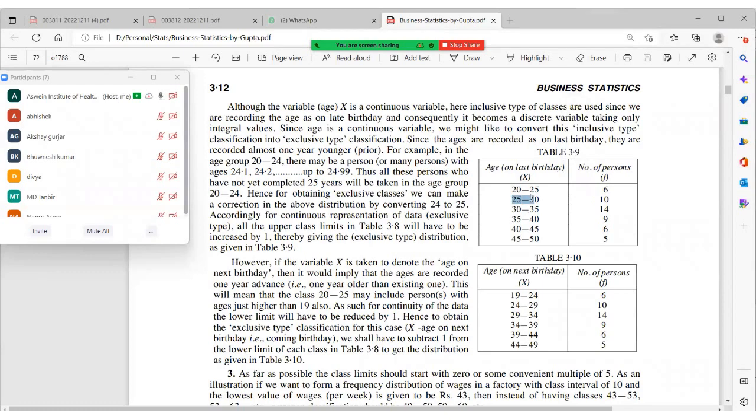If there is number 30, we consider it in the third class, not in the first or second class. So that number we always consider in the lower limit. Got it?